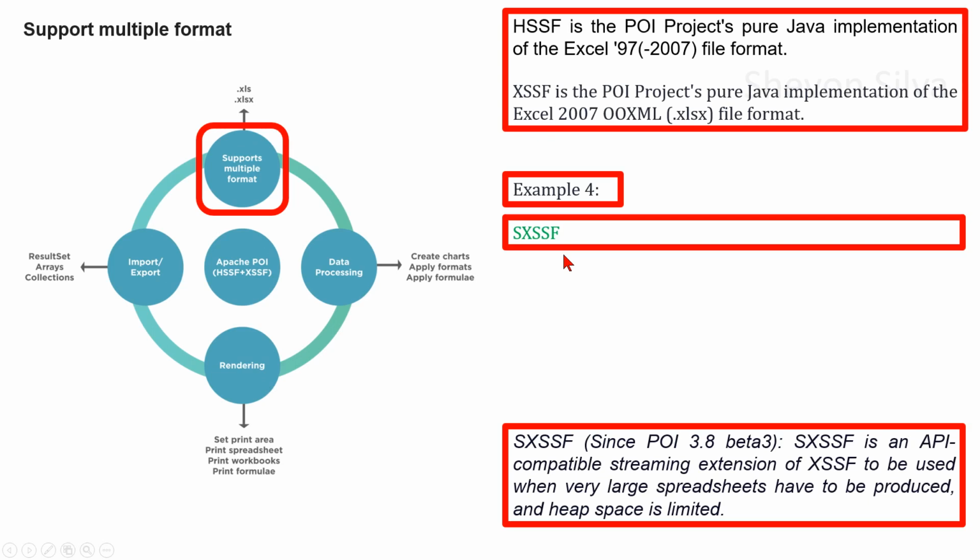SXSSF achieves its low memory footprint by limiting access to rows that are within a sliding window, while XSSF gives access to all rows in the document. All the rows that are no longer in the window become inaccessible as they are written to the disk.